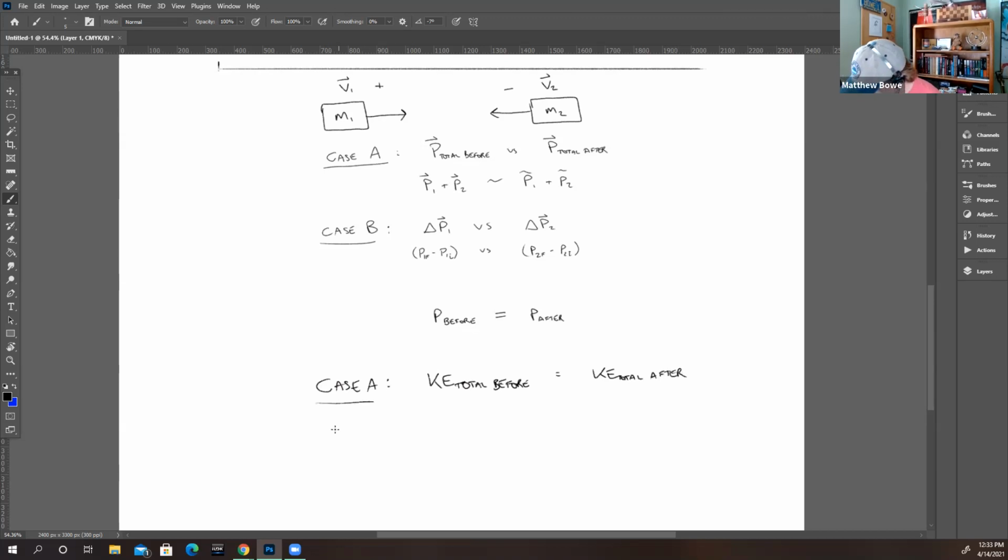And case B, the other thing we're comparing this to, is just looking at a single car, how it changes versus the other car. The change in kinetic energy of one car.